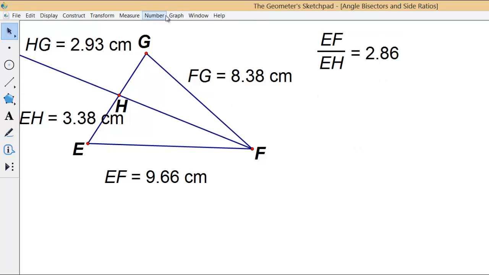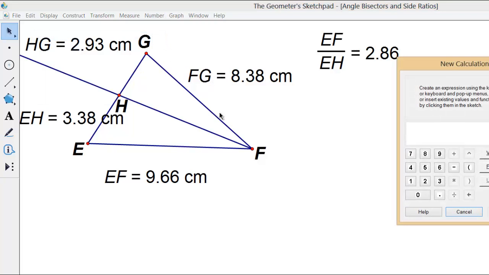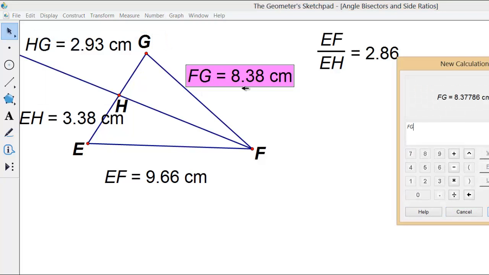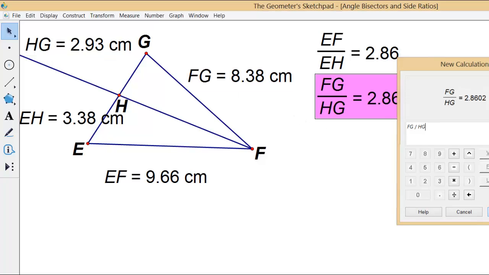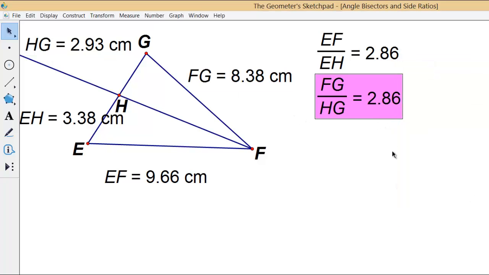And then let me also look at the ratio of this side, FG, divided by HG. And you'll notice that these ratios are equal.